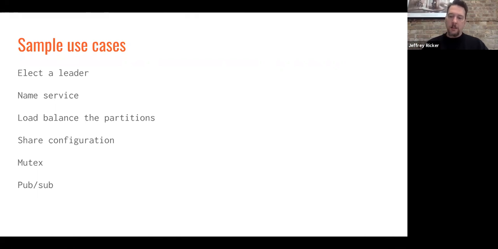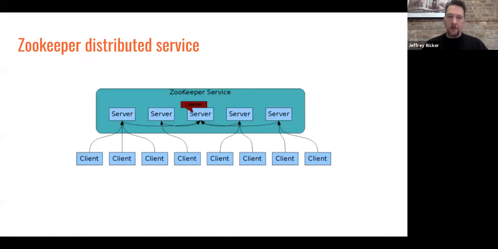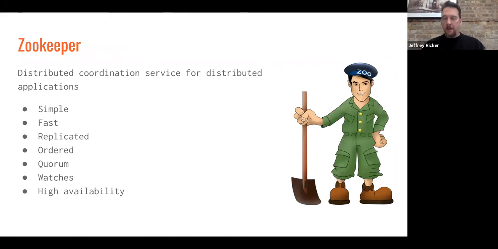So what you have with this is, if you're trying to build a distributed system, and you need, instead of trying to recreate that highly reliable way of replicated, ordered, highly available, fast data, and that's one of the key things about Zookeeper, is it's exceedingly fast.